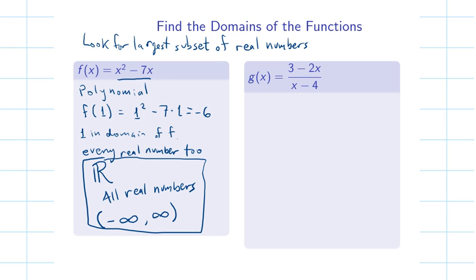Let's look at g, though. Here we're dividing, and when we see a ratio of polynomials, it's a rational function, rational from ratio, and that means that we're also dividing. Over here in polynomials, there is multiplication, addition, and subtraction.